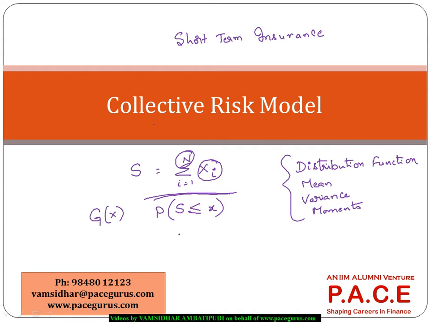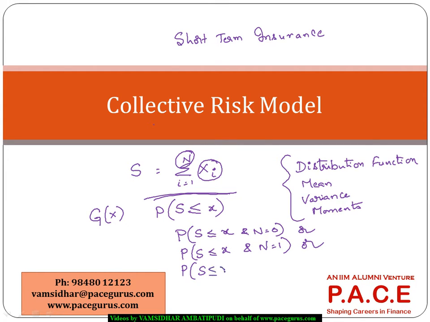And if we look at it slightly closely, I can combine this with n in such a way that I'll say probability of S less than or equal to x and n equal to 0, meaning no claims, or probability of S less than or equal to x and n equal to 1, which means one claim.